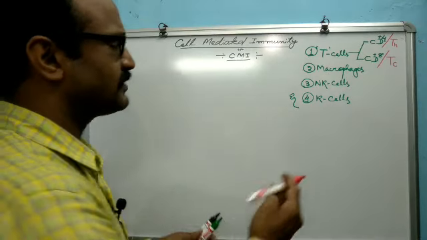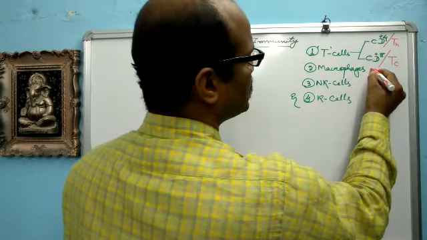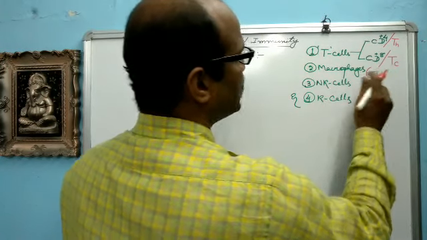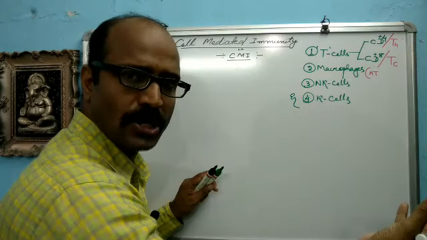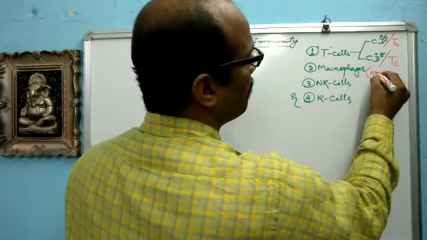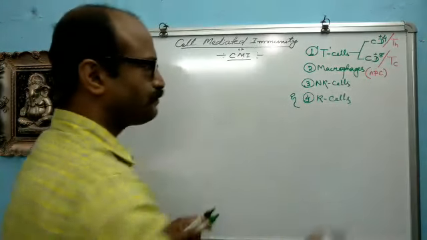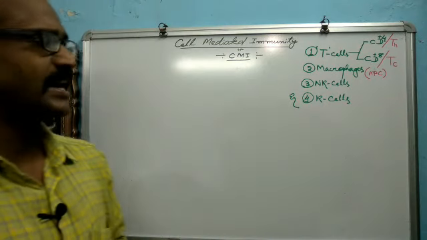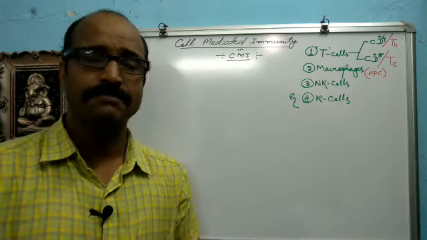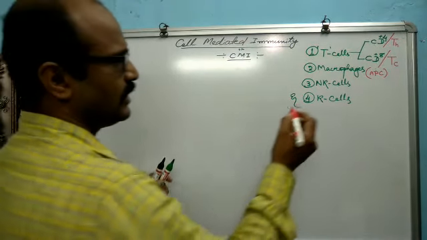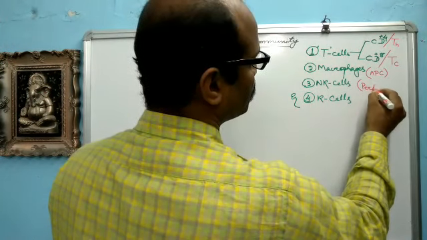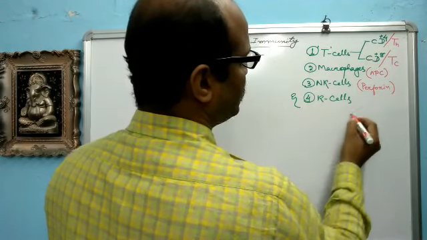In cell-mediated immunity, the macrophage acts as a phagocytic cell, and after engulfing the antigen it presents the antigen to the other immune cells. That's why it acts as an antigen presenting cell. NK cells and K cells are directly involved to lyse the infected cells. The NK cells secrete chemicals known as perforin.